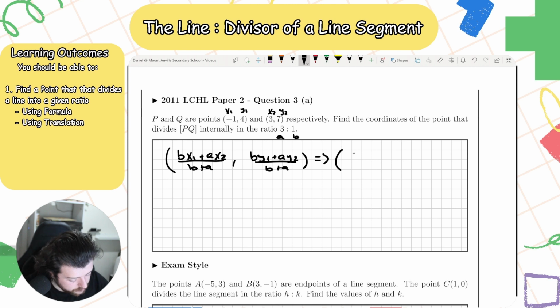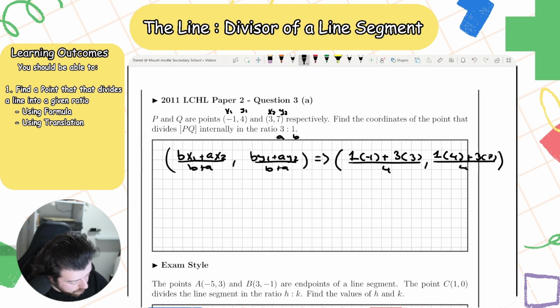So that is going to be 1 times minus 1 plus A times 3 all over B plus A, so 3 plus 1 is 4. Then my y coordinate is going to be 1 times 4 plus 3 times 7 all over B plus A, which is 4.